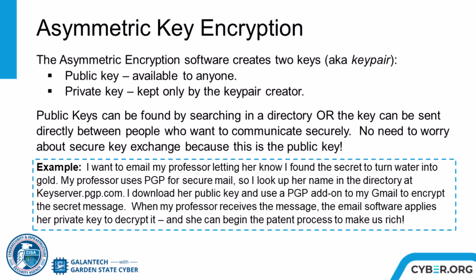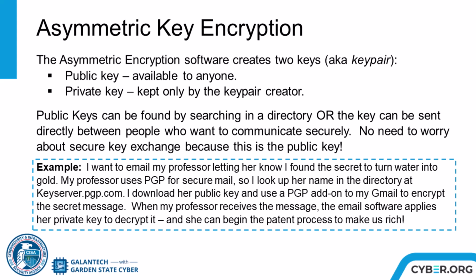Public keys can be found by searching a directory, or the key can be sent directly between people who want to communicate securely. No need to worry about secure key exchange because this is the public key. With the public key, literally anyone, anywhere can access the key, and a private secret key must be kept safe.